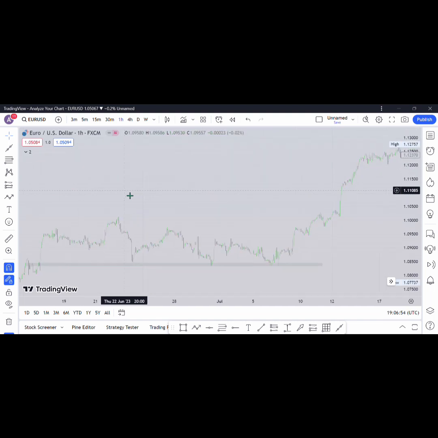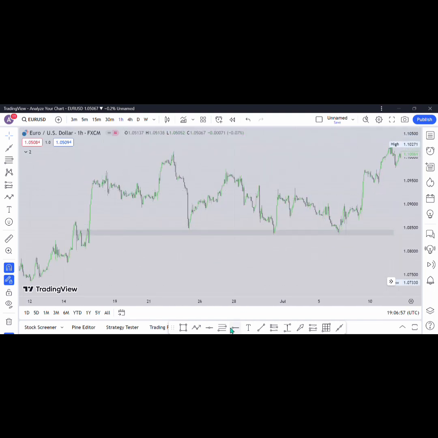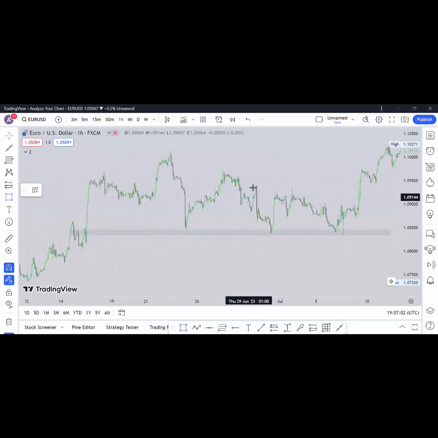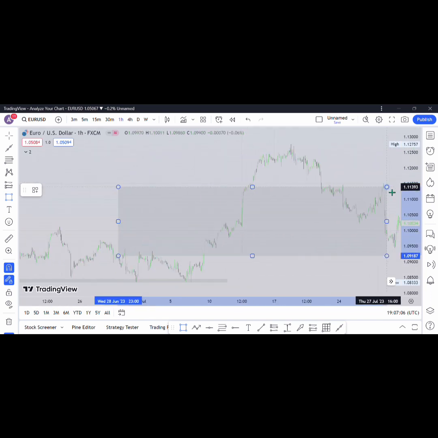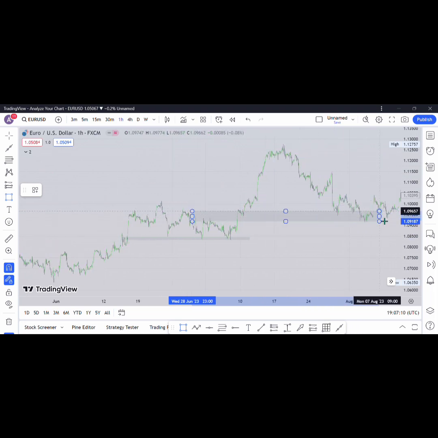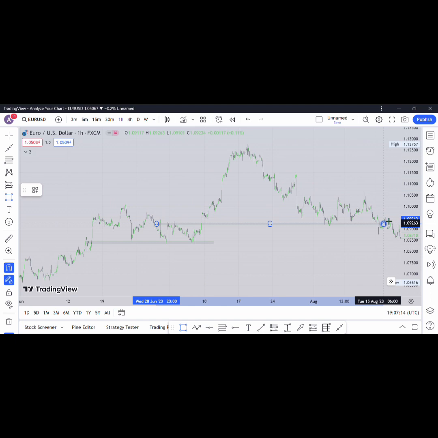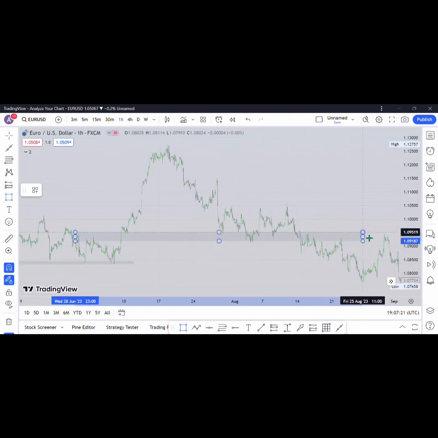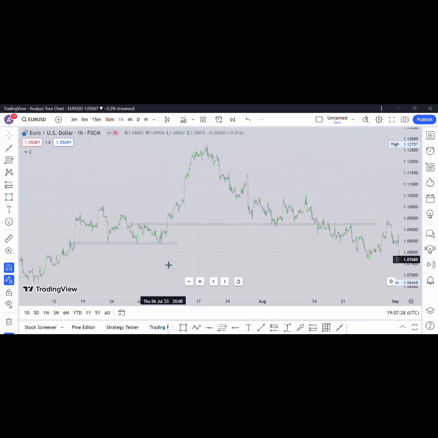Now I'm seeing a good point to draw a resistance from this upside right here. That's a good one.